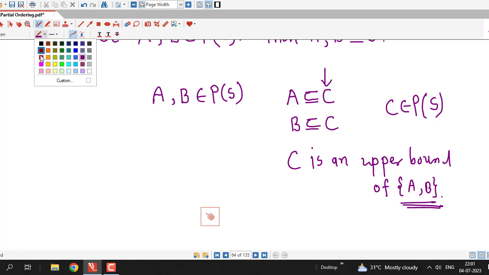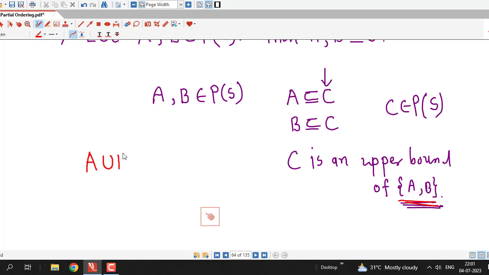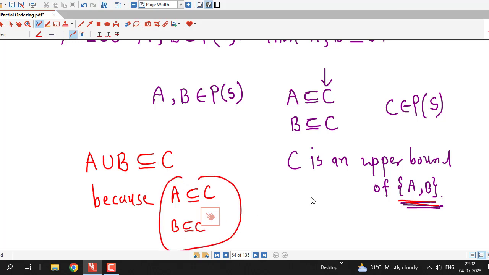So we claim that if C is an upper bound of the set containing A and B, then A union B is a subset of C, and this is true because A is a subset of C and B is a subset of C, therefore A union B must be a subset of C. We have this type of situation.